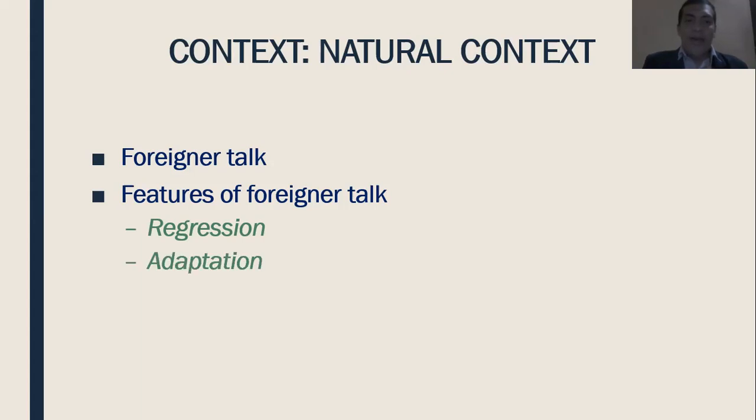Okay? We have adaptation. What is adaptation? Adaptation is when the native speaker realizes the structure or the level of language of the learner, and they use the same structure and the same level the learner is speaking.